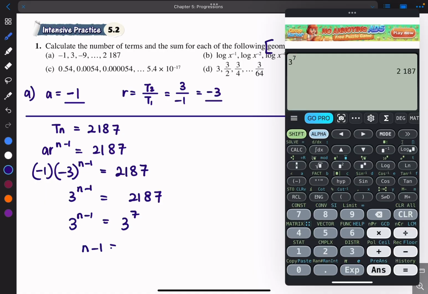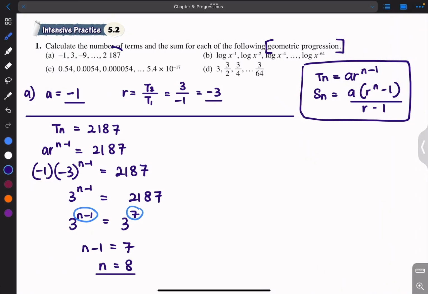Therefore, n minus 1, we can compare it with 7. So n is 8. Okay. So this will be the 8th term. So we have 8 terms in this sequence. Right. Done. Next, we need to find the sum of the 8 terms.